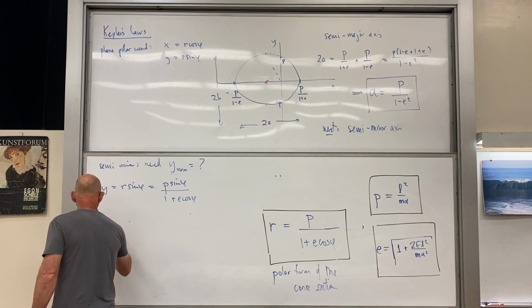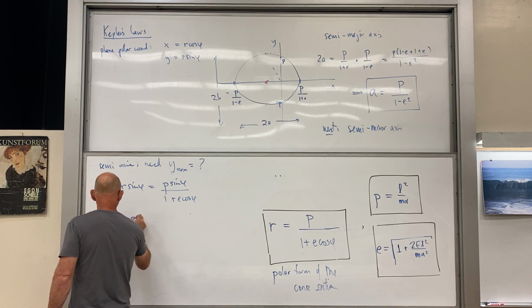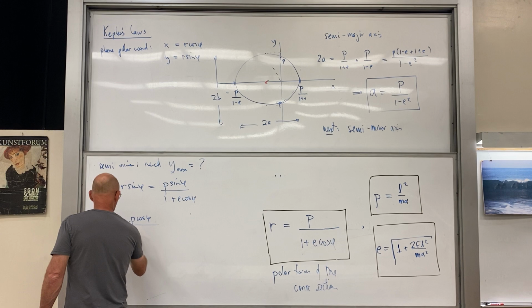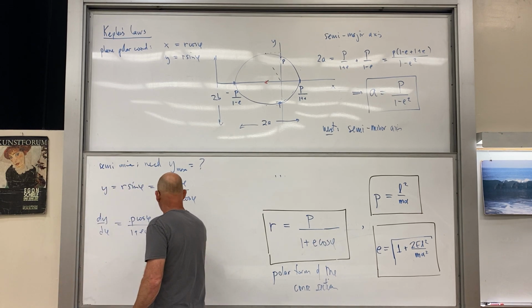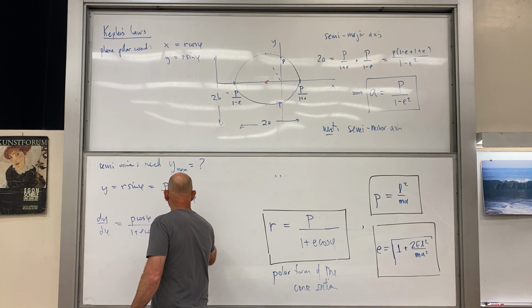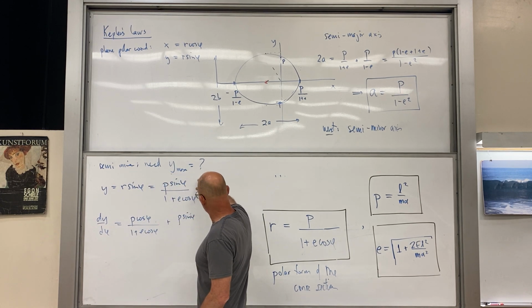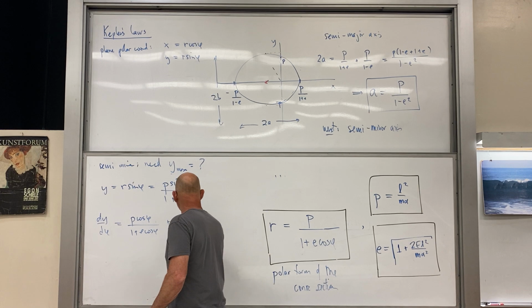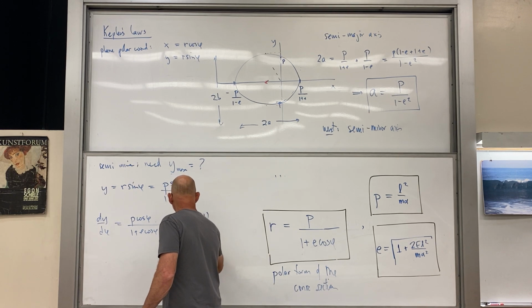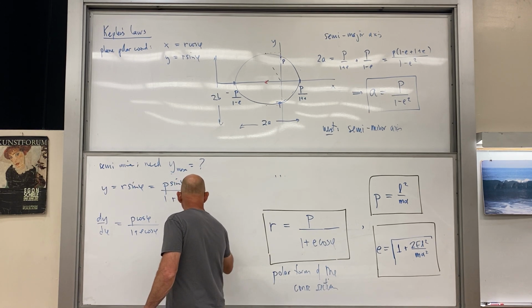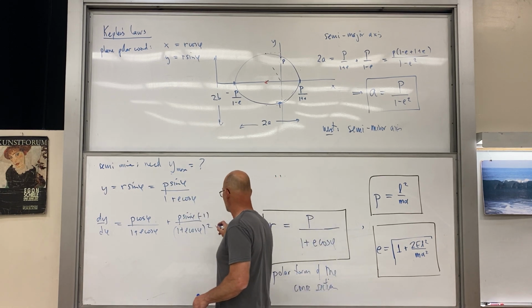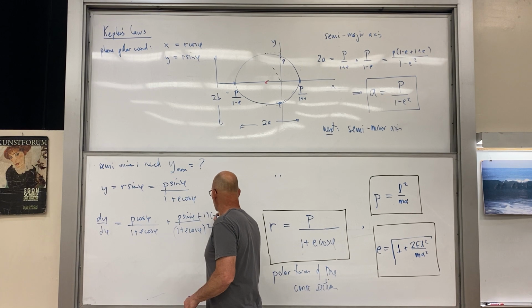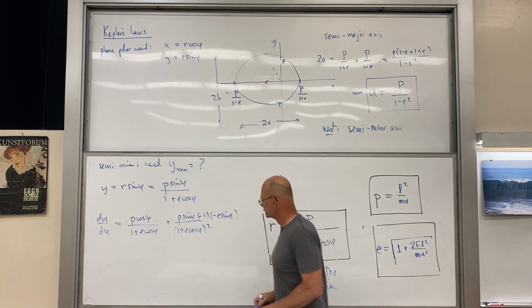dy d phi is equal to p cos phi over 1 plus e cos phi plus p sine of phi times minus 1 over 1 plus e cos phi squared, and then the derivative of e cos phi would be minus e sine of phi.